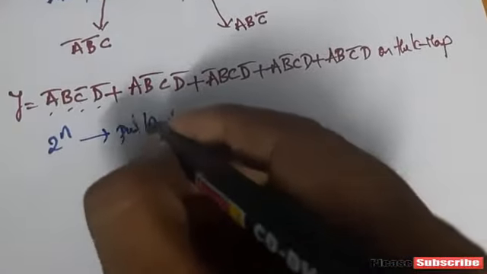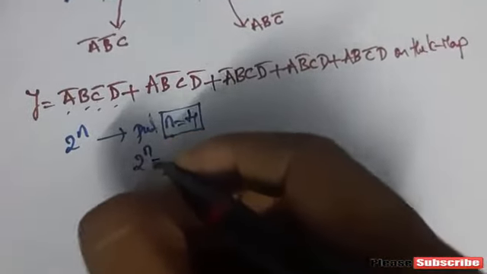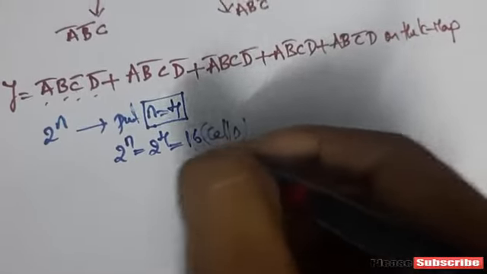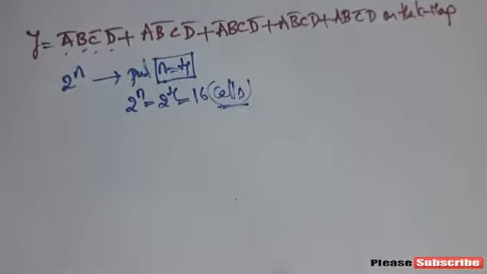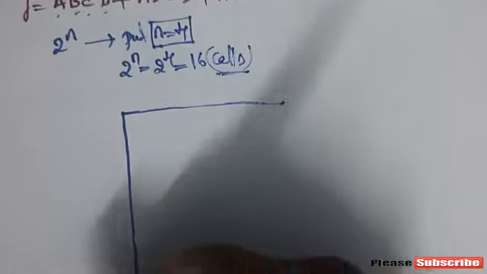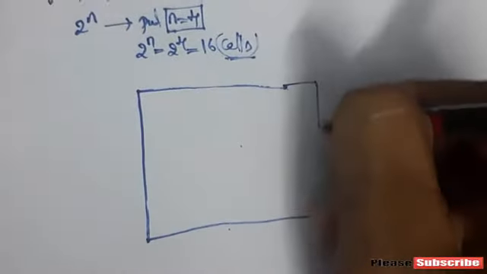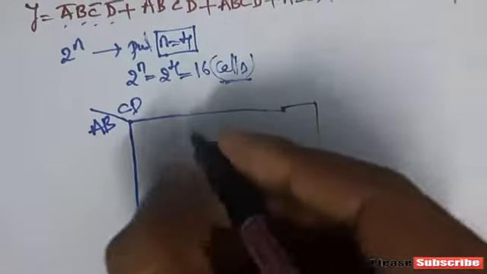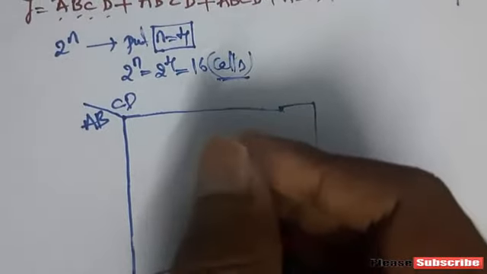Put n is equal to 4, so 2 power 4 is equal to 16 cells. This will be A, B, C, D. Here this will be the Gray code representation.